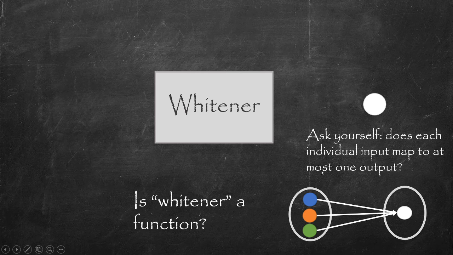Is there any of them that maps to more than one output? And it turns out no, each of them has a single output. Individually speaking, there is no more than one arrow poking out of each of the colored balls. That means that this is a valid function.